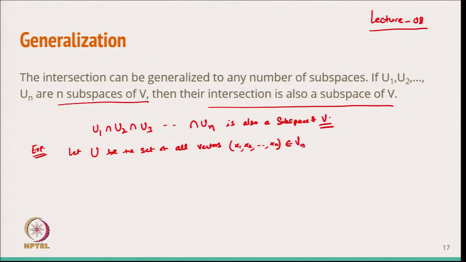Sometimes we also show the vector as a column vector, and here I am showing it as a row vector, but it is a vector. So let U be the set of all vectors satisfying the three equations.